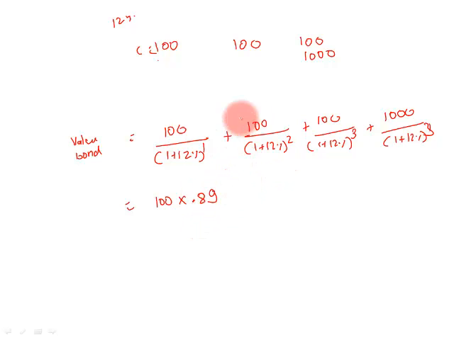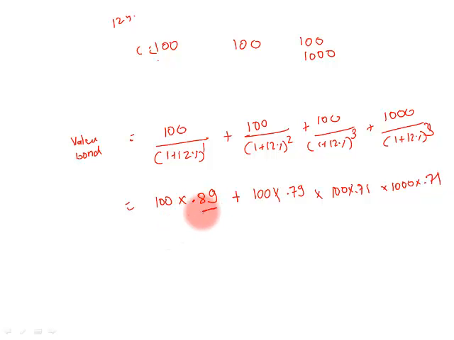Then plus 100 into 1.12 x square and then the 1 by x button. First take the square and then say 1 by x. 0.79. Then 1.12 x square into 1.12 and then take the inverse. 0.71 and then 1000 into 0.71 again.